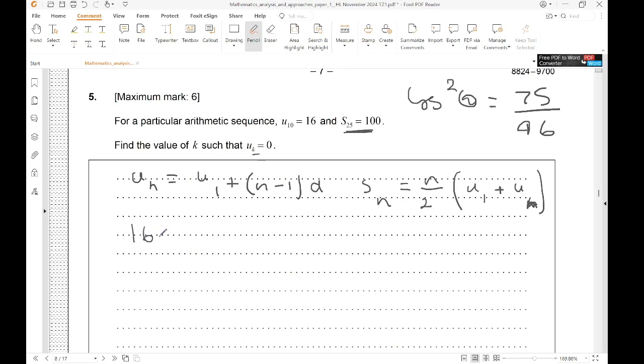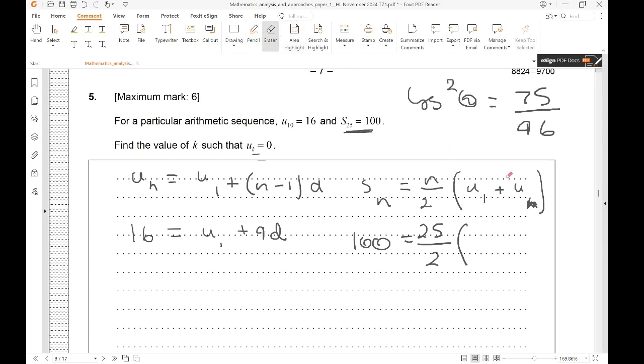So 16, because it's u10, is u1 plus, because it's 10 minus 1, 9d. And then for s of n, it's 100 is equal to 25 over 2 times... sorry, we're not going to get anywhere with this formula.